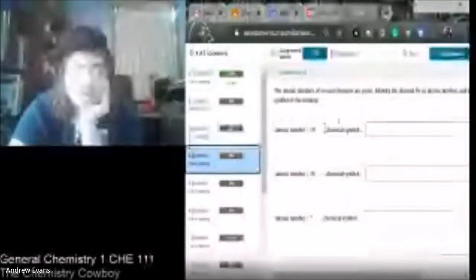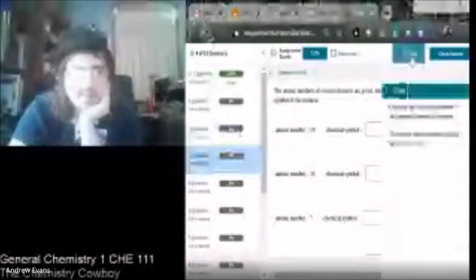It's a drag and drop. This one, they're saying using the atomic number, determine the chemical symbol. Remember, the atomic number is protons. So protons tell you what we have. We don't need to overthink this.